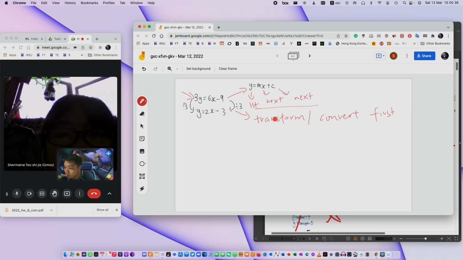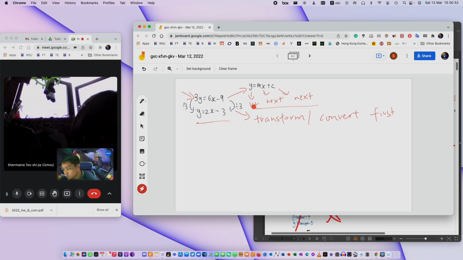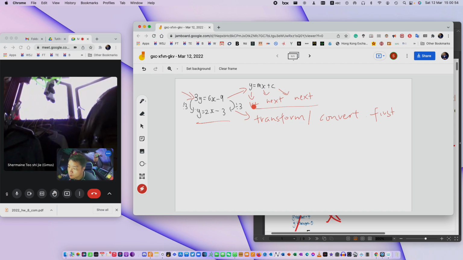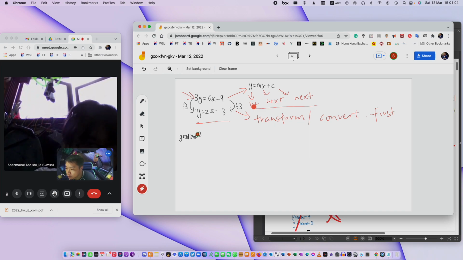So now, what is your m, what's your c for this question? Compare to it now. You don't have to use the English word anymore.